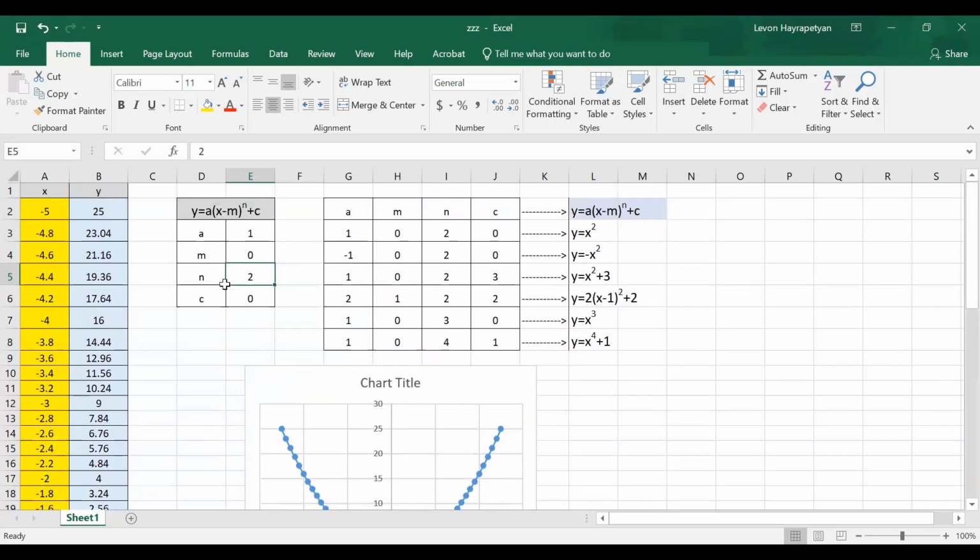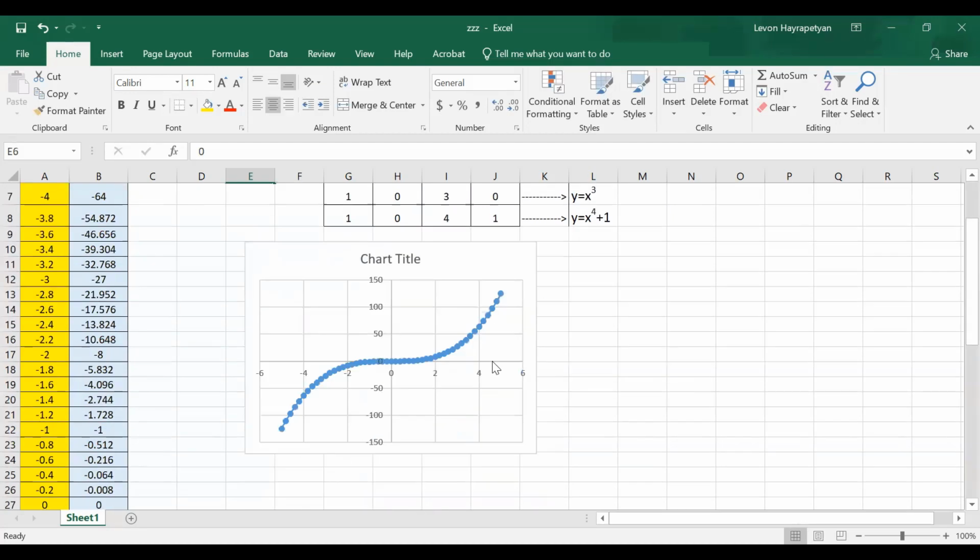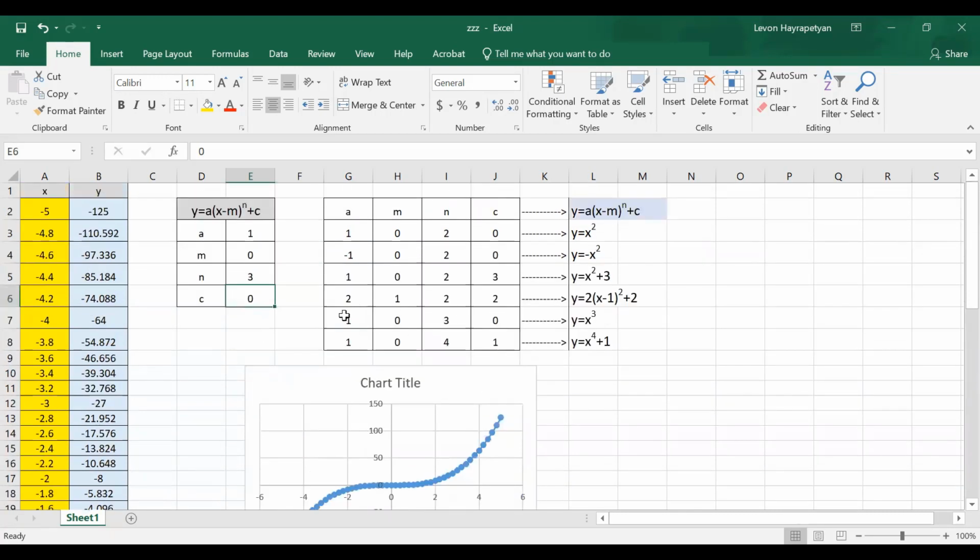So let's see what happens when I change the value of N. N is this power or exponent. So when N is 2, it's a quadratic function. What happens if I make this 3? So now this is the graph of the function x cubed.